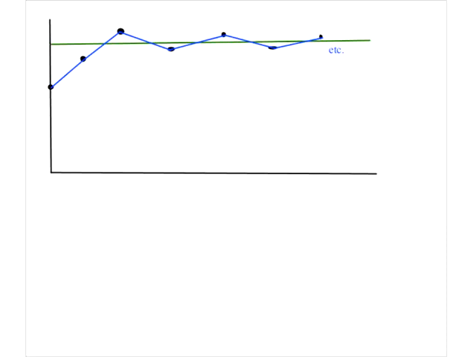What the axes mean on this particular graph is this is difficulty of the problems, and this is progression of the test.